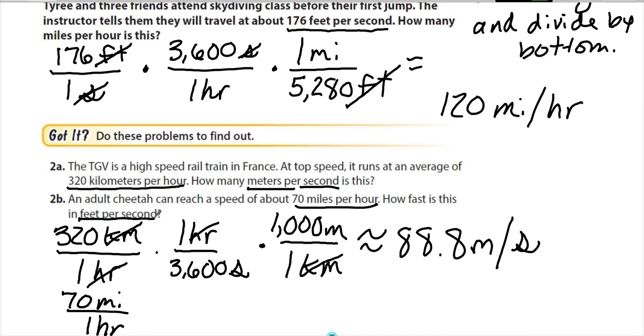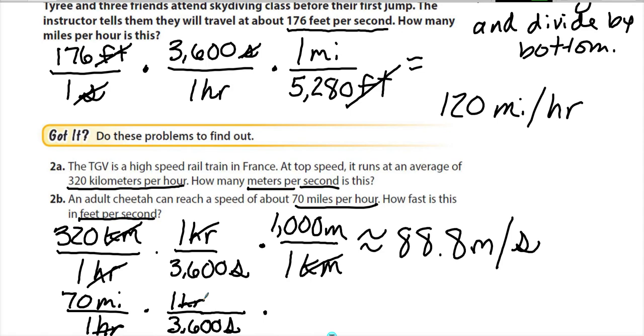So again, let's change our time first. We need the hour to cancel, so it's going to be just like this last one we did. So that means 1 hour has to go on top this time because we want the seconds to be the one remaining. So it's going to be 3,600 seconds. Okay, let's go ahead and cancel out the word hour. Now instead of miles, I need it in feet. Okay, so again, you have to think, how many feet are in a mile?